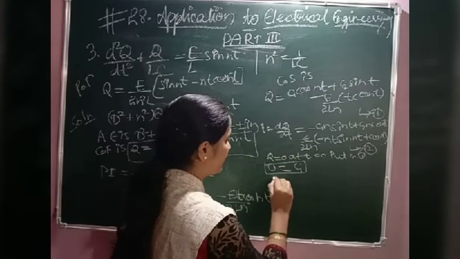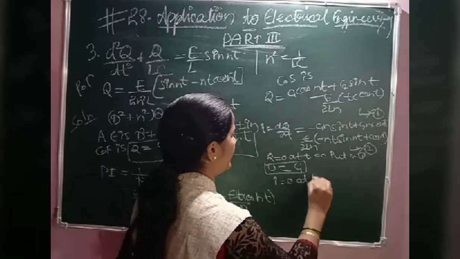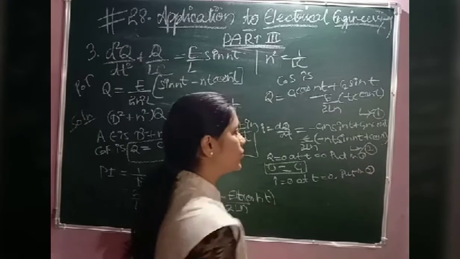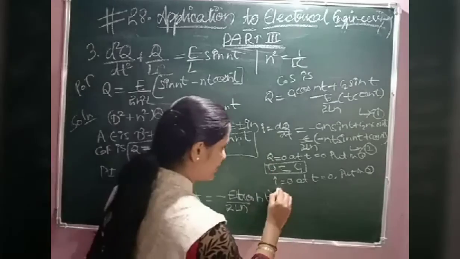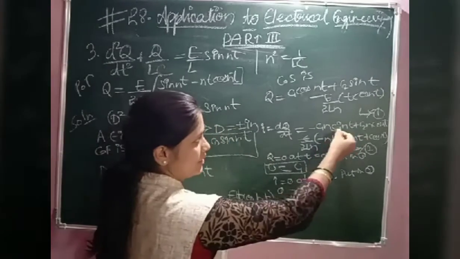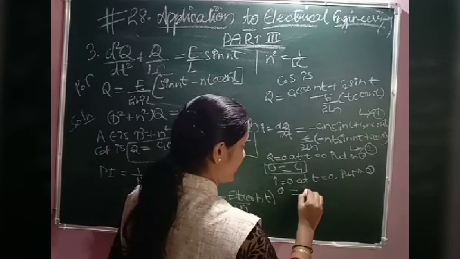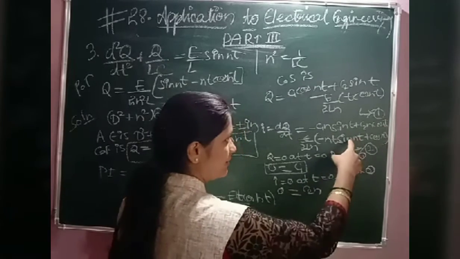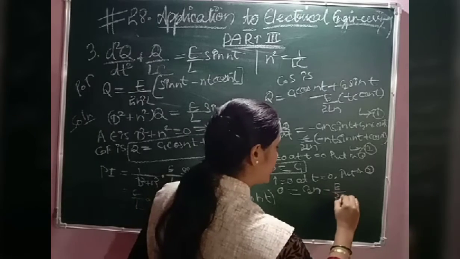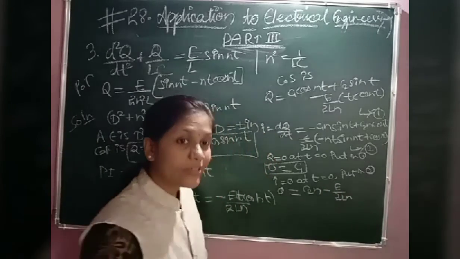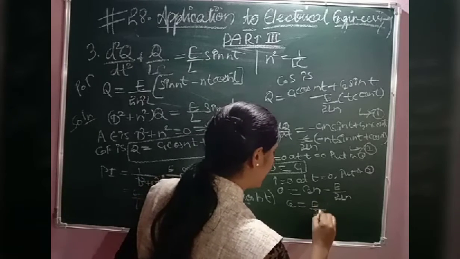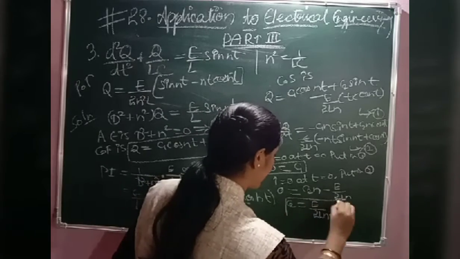Now put I equal to 0 at t equal to 0 in equation 2. Sin 0 is 0, so the C2 term is 0 here. What I am left with is minus E by 2LN. So C2 equal to E by 2 L N square.